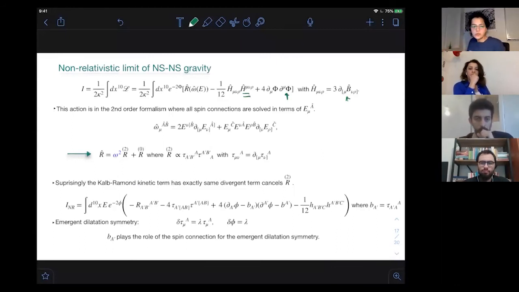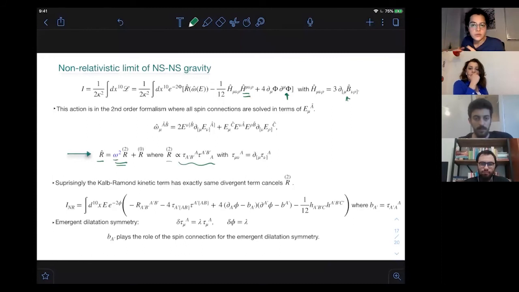And if you just do the same expansion, the Ricci scalar goes by omega square. I got the same trouble. So the leading term is R2, and R2 is proportional to tau square, so some curvature of tau.